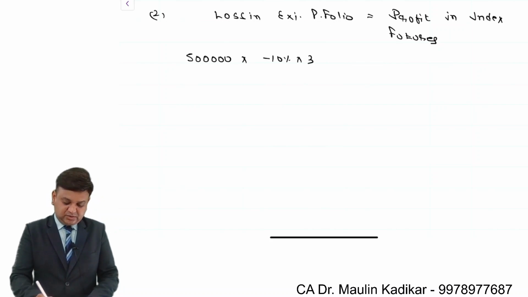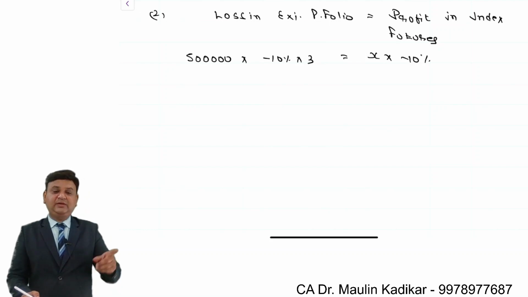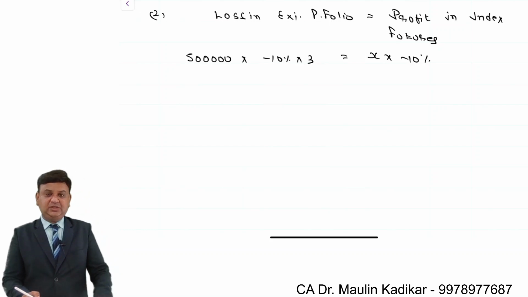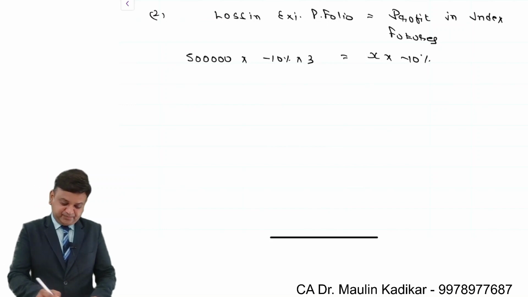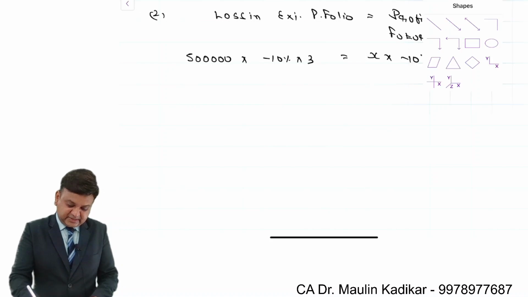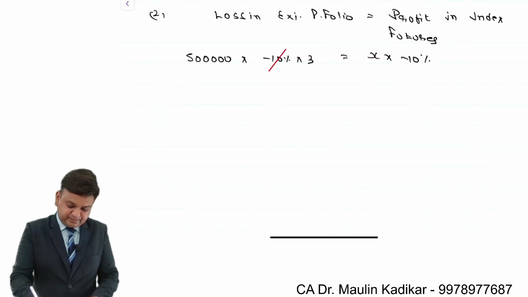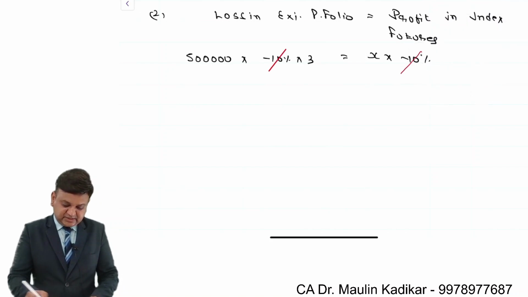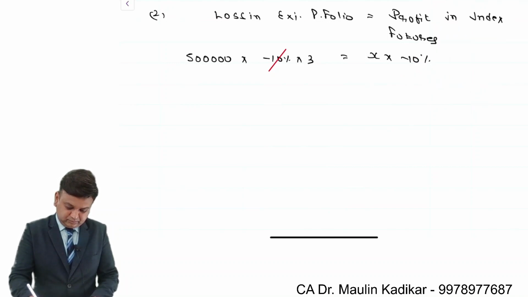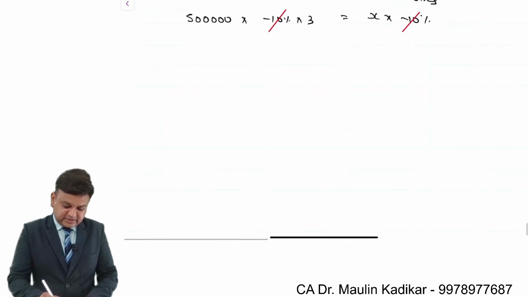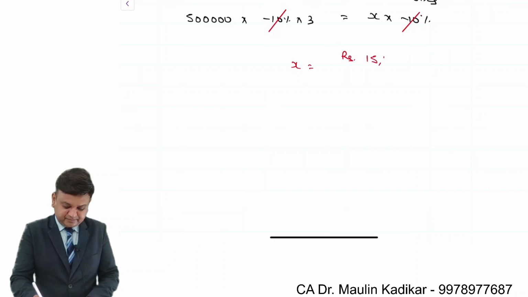This loss is equal to profit in index futures, X into negative 10%. Because when the market is falling by 10%, that profit should be enough to compensate the loss. So the 10% and 10% get cancelled, and X is equal to rupees 15 lakhs.